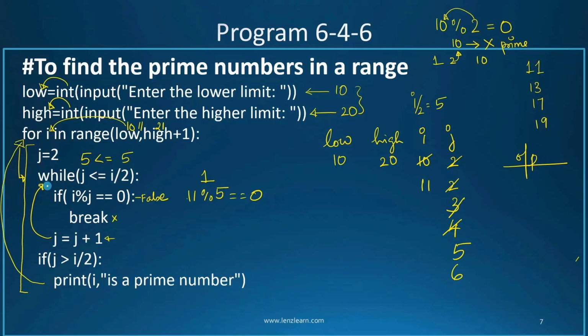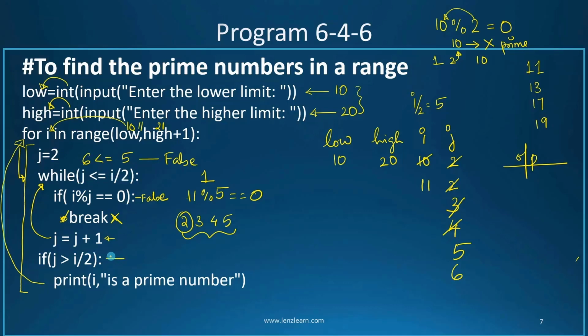Again the control will go back to the while loop. Now it will check whether 6 is less than or equal to 5. This is false. So when the while loop exits, I am checking how it has exited: whether it exited with a break, in which case it is not a prime number, or whether it exited because the value of j became greater than i by 2.